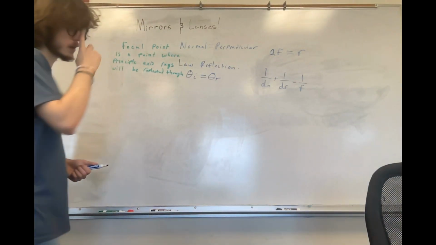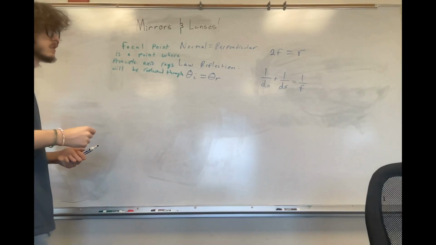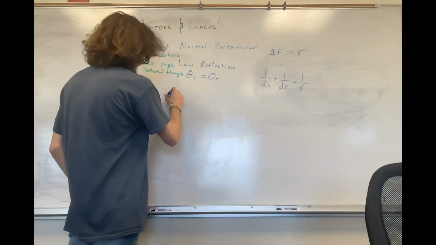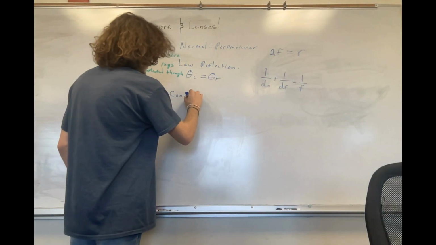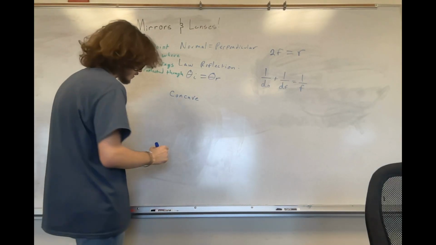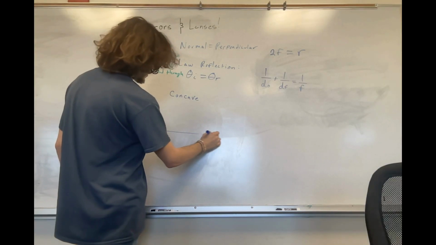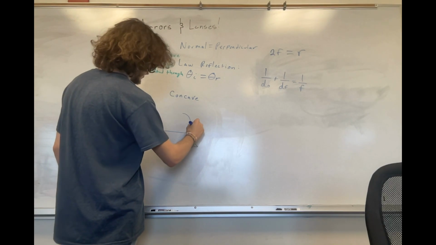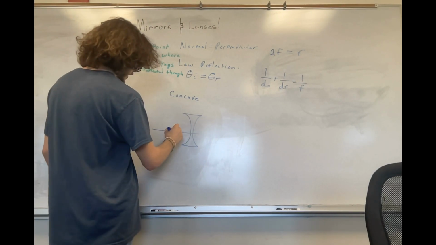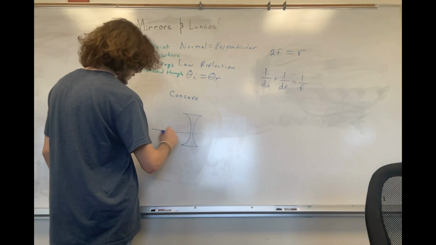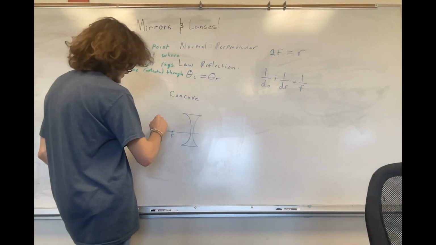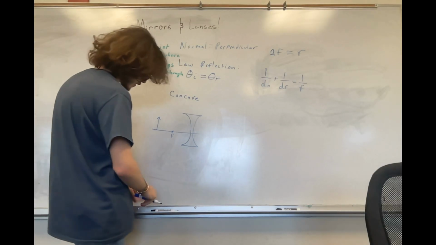Okay, now let's talk about concave and convex mirrors and the images they make. So let's start with a concave mirror. Let's draw a ray tracing diagram for one of these. Let's say it looks something like this, okay? And here is your focal point F. And let's say you have an object before the focal point, so right here, okay?